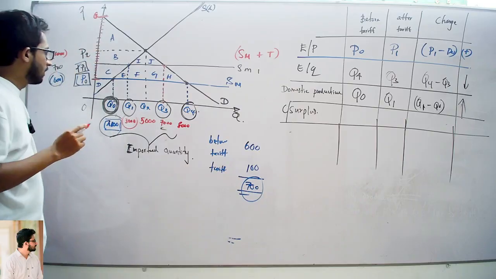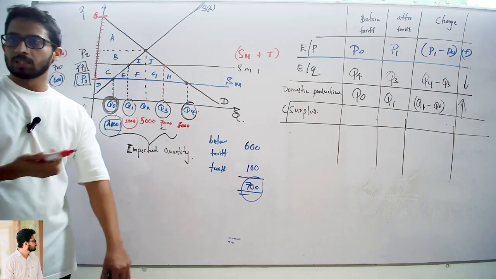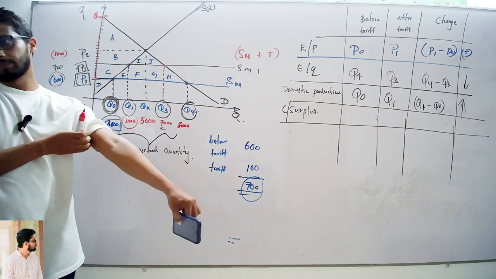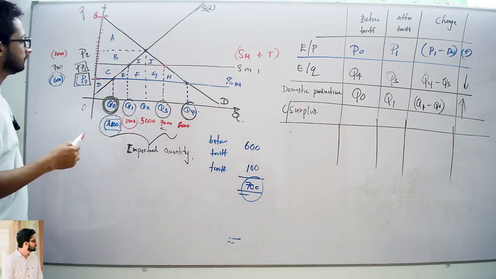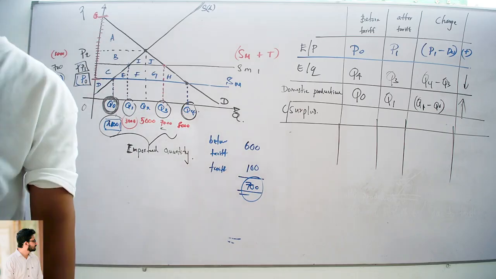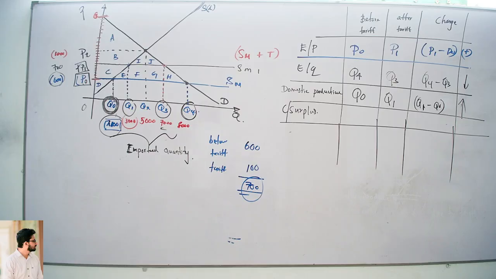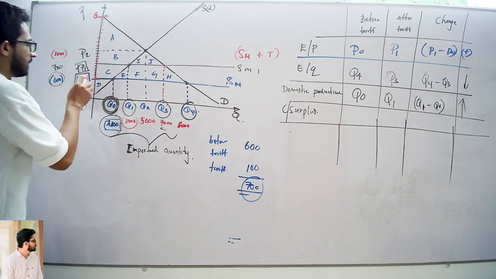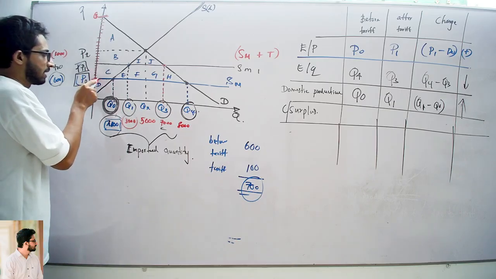Before the tariff, how many units are being actually purchased by consumers? At the P0 price, how many units are being demanded?